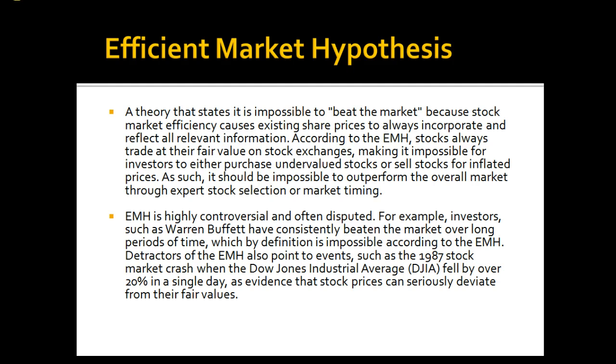For example, investors such as Warren Buffett have consistently beaten the market over long periods of time, which by definition is impossible according to the EMH. The detractors of EMH also point to events such as the '87 stock market crash, when the Dow Jones fell by over 20% in a single day, as evidence that stock prices can seriously deviate from their fair values.